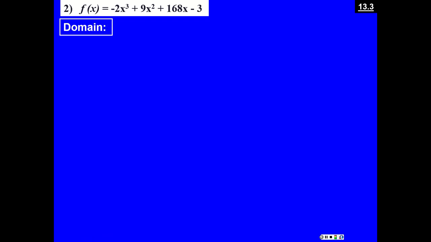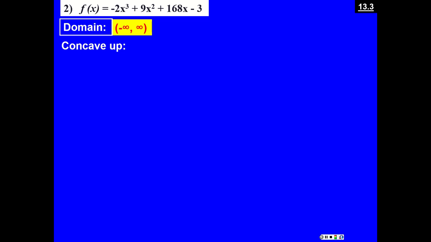That means if you know your domain, it makes it easier for you to write down the answer for your concavities. For this problem, there is no restriction. That means my domain is going to be from minus infinity to positive infinity.